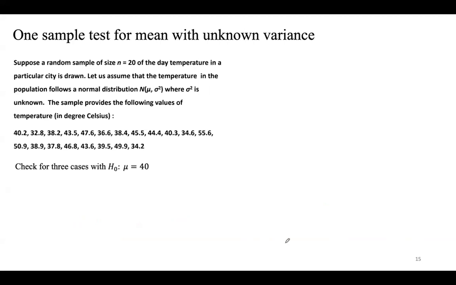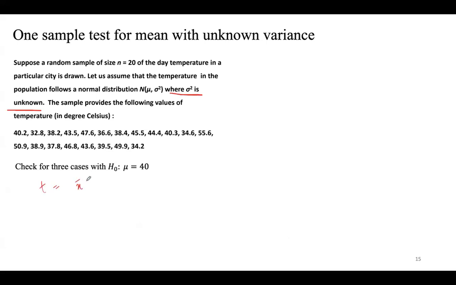Okay, now the second example that we are looking at is for the mean with an unknown variance. Now you see it's the same question, but now you don't have this value given to you. So now what we're going to do here is we'll do the t statistic.